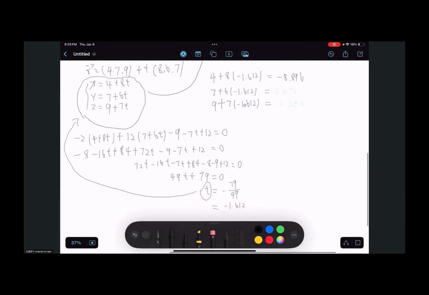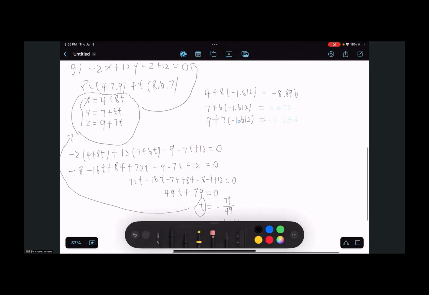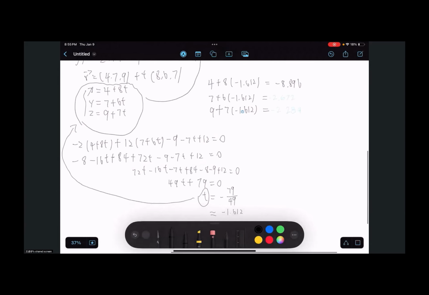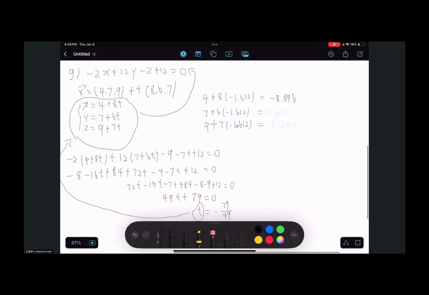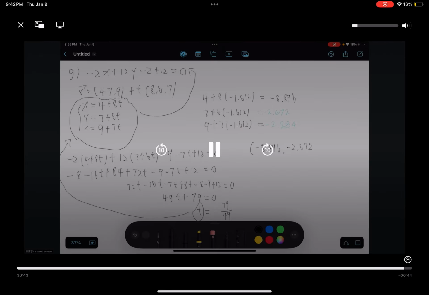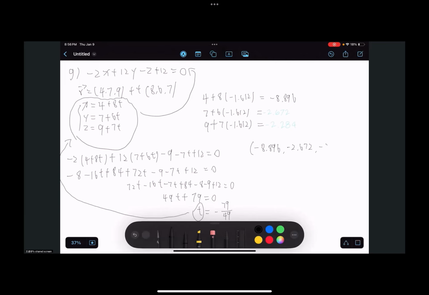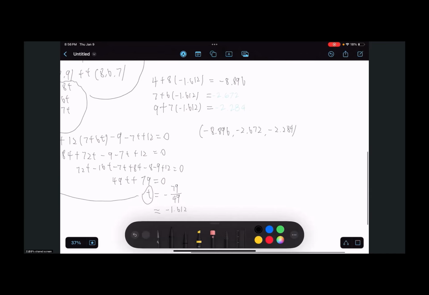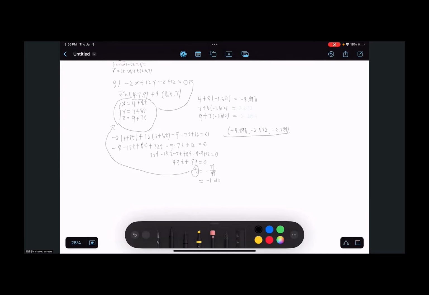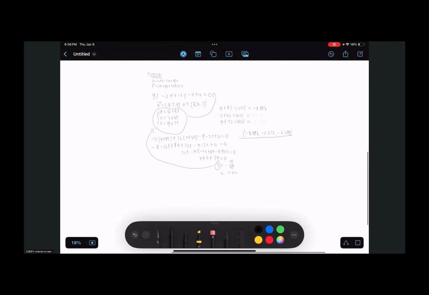So we get the answer: the intersection of the line of part F and the plane of part D is the point negative 8.896, negative 2.672, and negative 2.284. That's the final answer we got for part G.